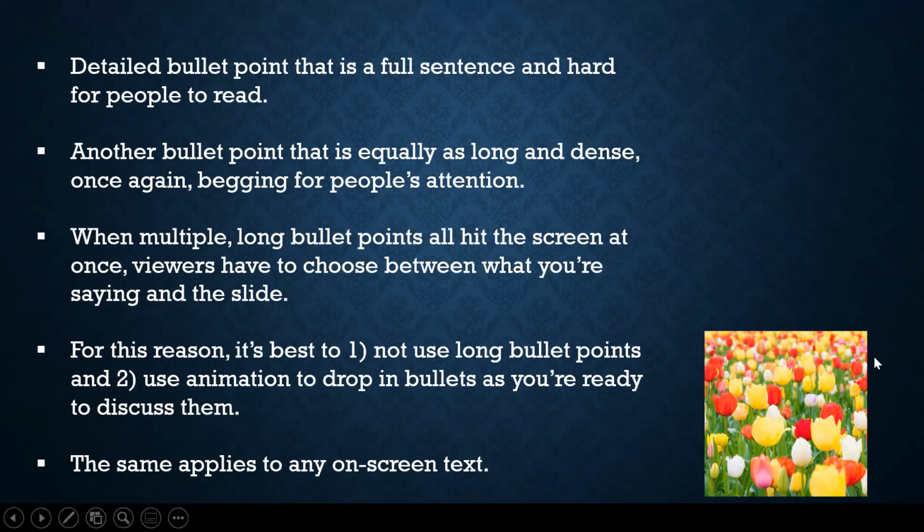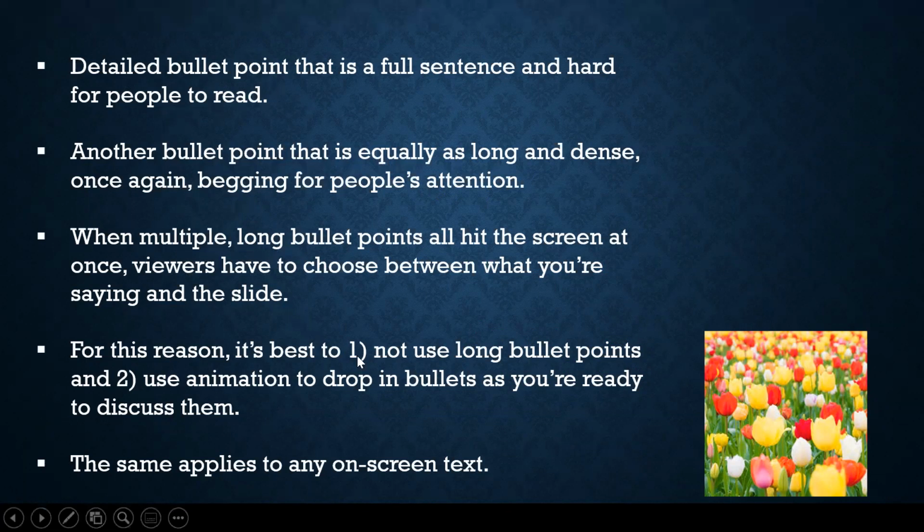So I'm going to come through these and just read why they're bad. We've got a detailed bullet point that is a full sentence and it's hard for people to read. We have another bullet point that is equally long and dense. And once again, it's just begging for people's attention. So when we have multiple long bullet points all hit the screen at once, the viewers have to choose between what you're saying as the presenter and the slide.